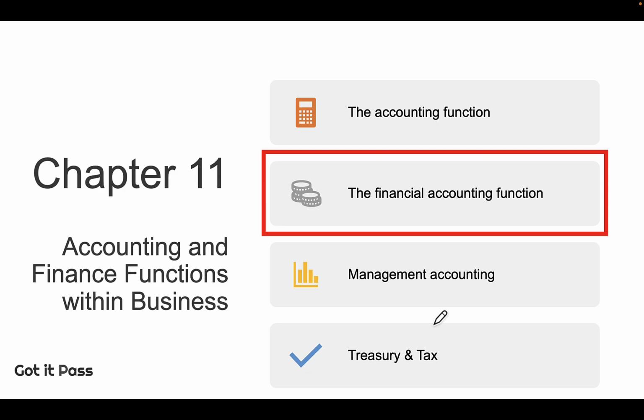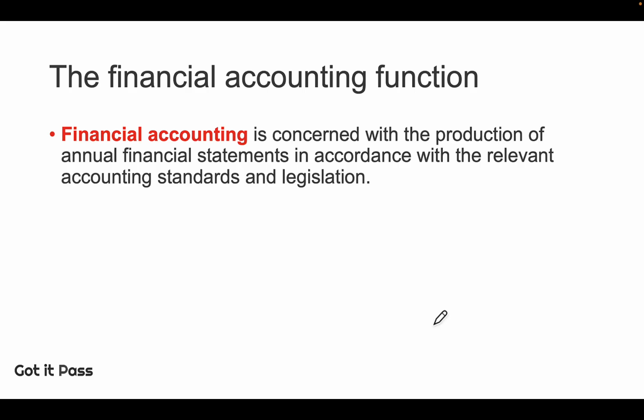And next, we will go through each department step by step, one by one. The first department that I would like to share and go through with you is the financial accounting function. Financial accounting is concerned with the production of annual financial statements in accordance with the relevant accounting standards and legislation.